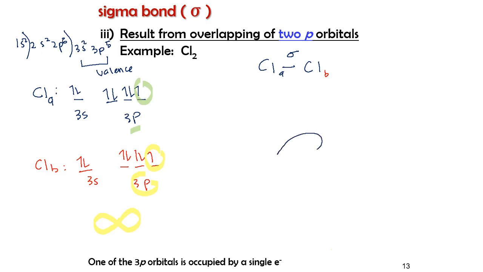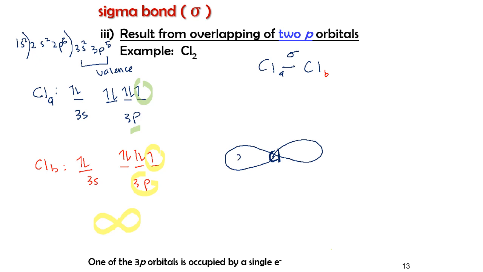So for chlorine A, you just need to draw it nicely and neatly. Make sure the size is big and clear enough, so it's easier for you to label later.